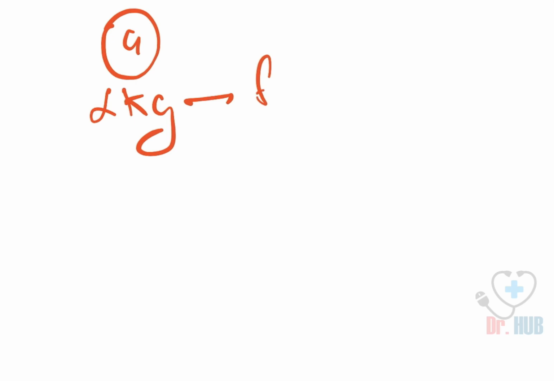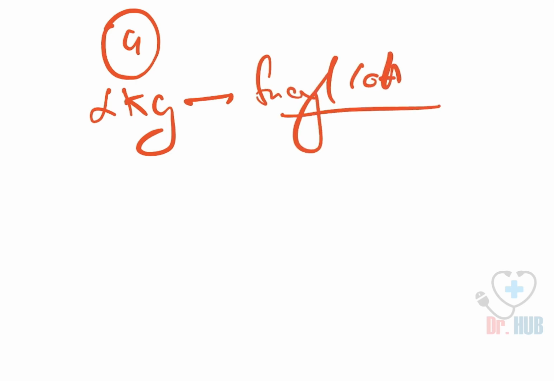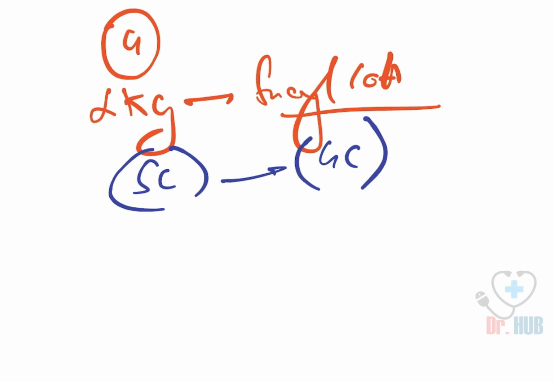Then we move on to step 4. In step 4, alpha ketoglutarate is converted to succinyl CoA. Alpha ketoglutarate, the 5C, is being converted to 4C. What is the enzyme?